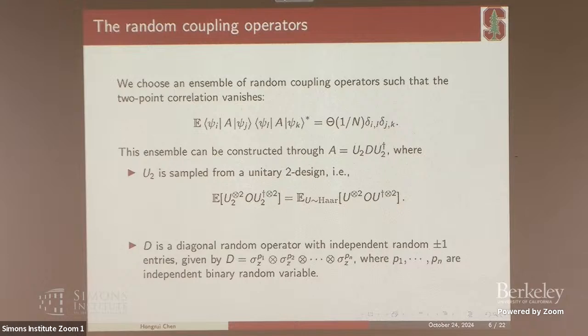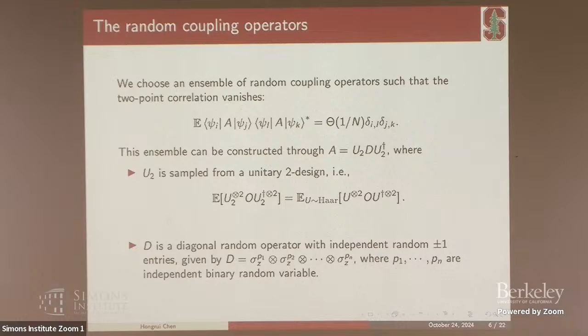And we also have a diagonal random operator D in the construction. And by diagonal, I mean in the computational basis, because we have the unitary design, so it's actually independent of the basis. Each entry in the diagonal operator will be a random phase of +1 or -1.